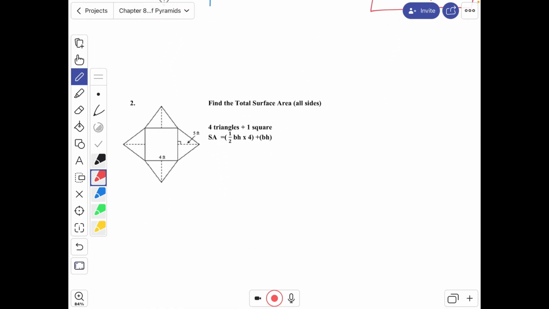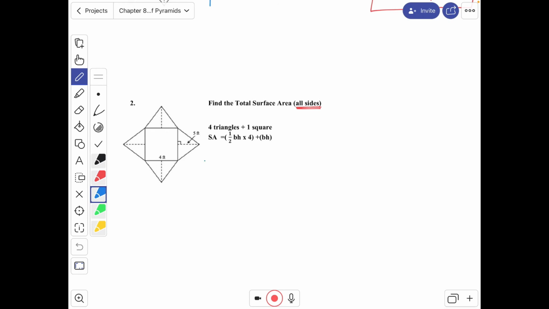Number 2. Number 2, you're looking for total surface area, so you have to do all the sides. So there's going to be 4 triangles and 1 square, and the triangles are 1/2 times the base times the height times 4. And then the square is base times height.